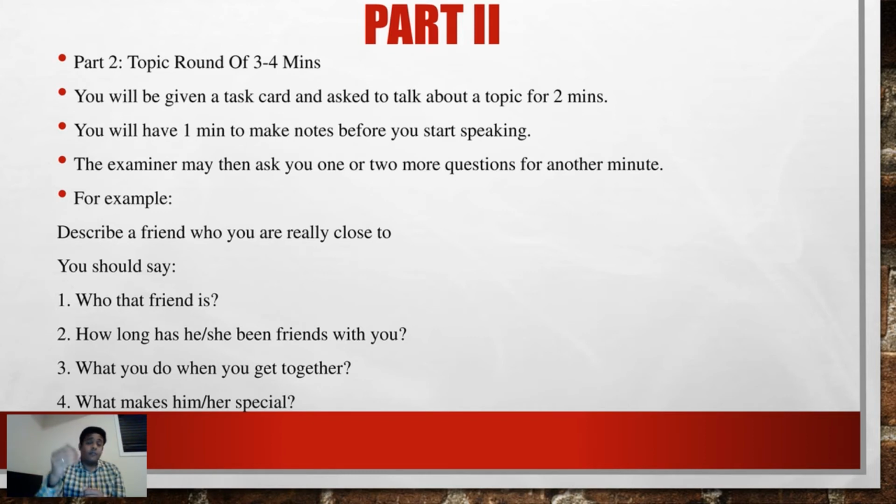Once you have finished jotting down all these questions, remember one thing. One of the other things that is important, as a criteria for your scoring, is task achievability. We discussed this in the writing exam as well, in the writing module. What is task achievability? Are you answering all the questions that are asked?